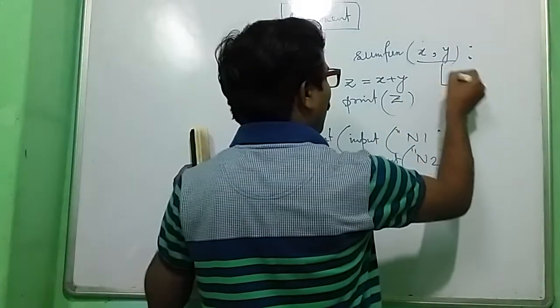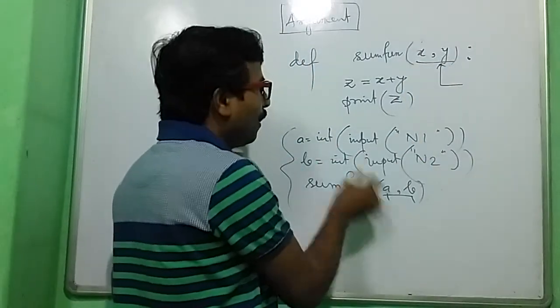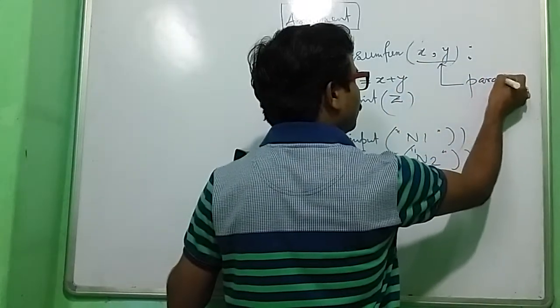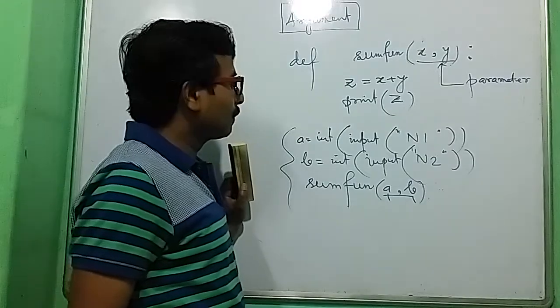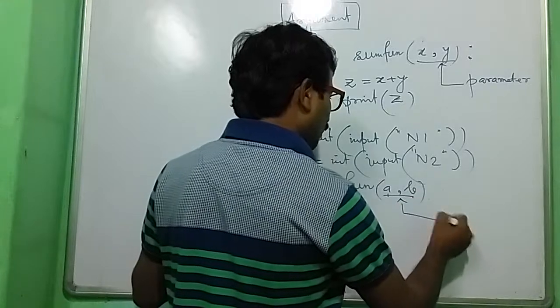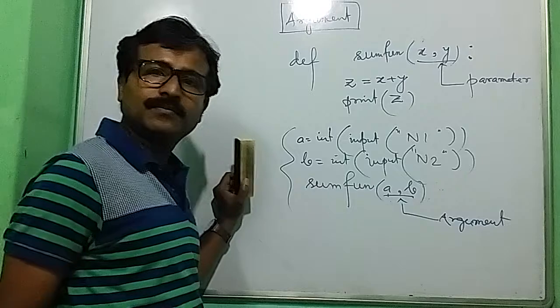Now see, x and y, this is also an argument, but categorically this is called parameter. These are called parameters and these are called arguments.